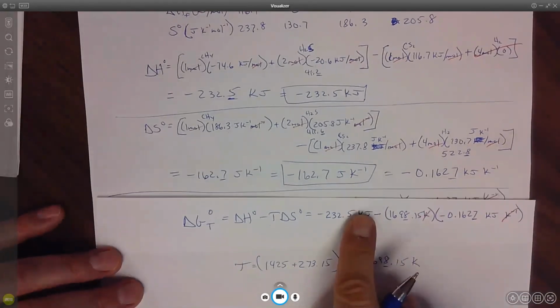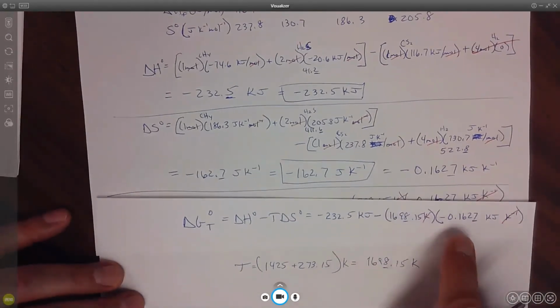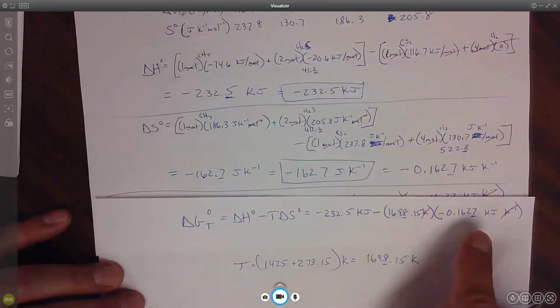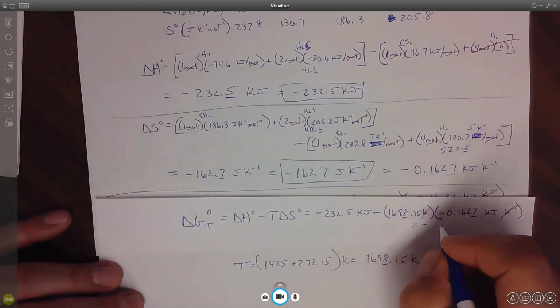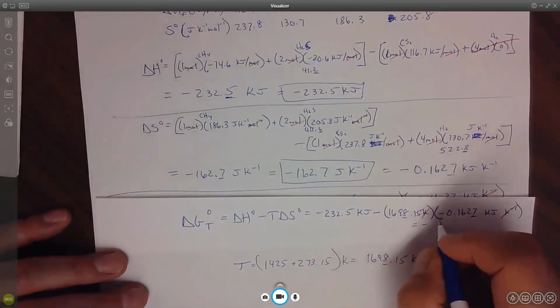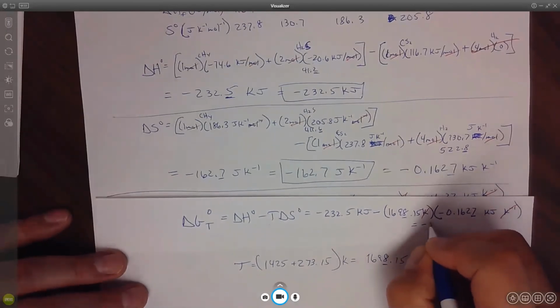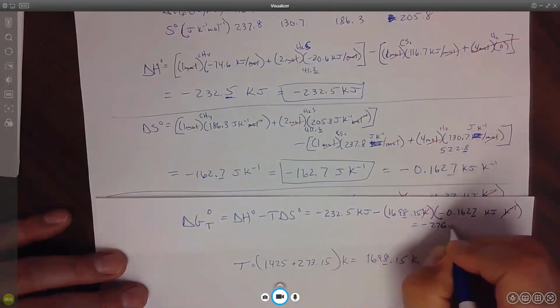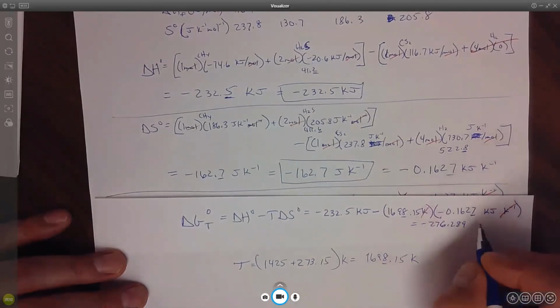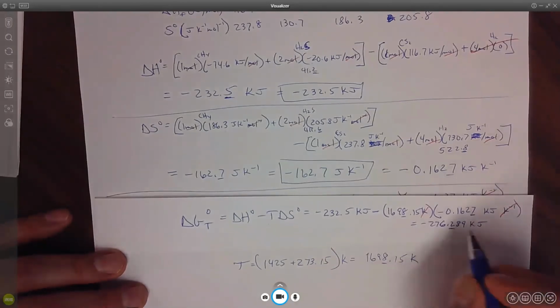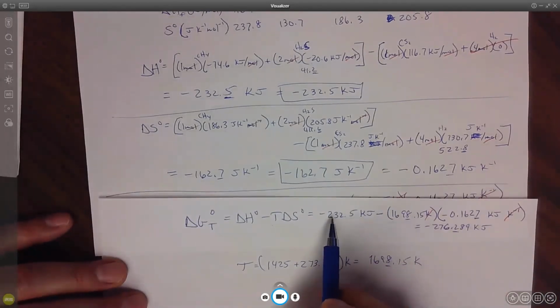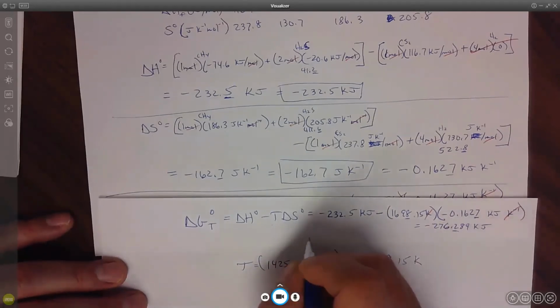Now we have kilojoules minus kilojoules, but it's negative and negative. So we're actually going to add this number. And this number is going to come out to be negative 276.289 kilojoules. And it is going to be 4 sig figs. And then plug this plus this into there.